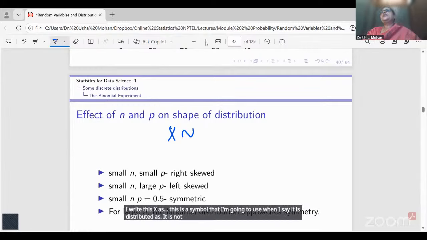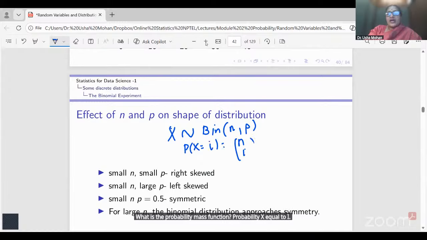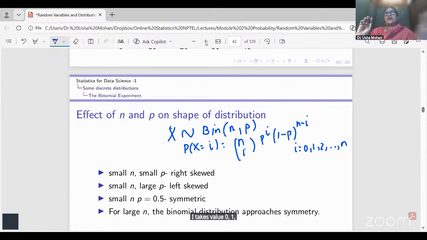It is typically used for distribution. I say it is a binomial with parameters n and p. What is the probability mass function? Probability x equal to i is n choose i, p to the i, 1 minus p to the n minus i, where i takes values 0, 1, 2, up to n. Till here, is it clear?